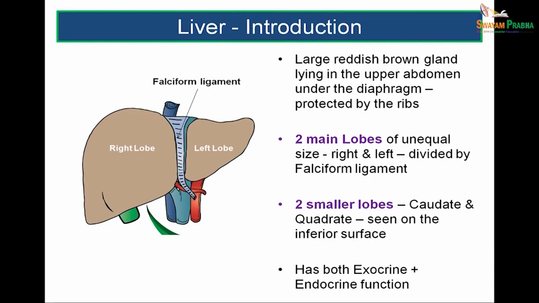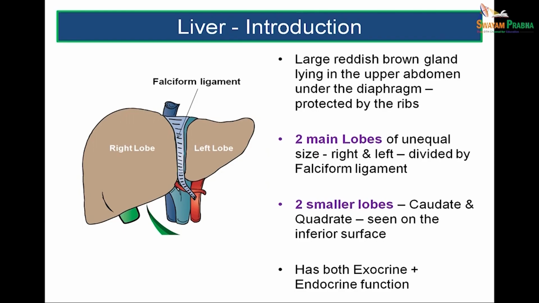The liver. It is a reddish brown gland situated in the right hypochondriac region of the abdominal cavity just under the diaphragm. Grossly, the liver is comprised of two lobes, a right and a left lobe, divided by a falciform ligament.